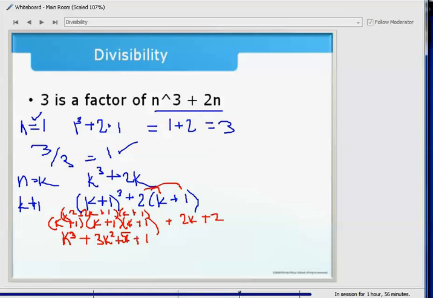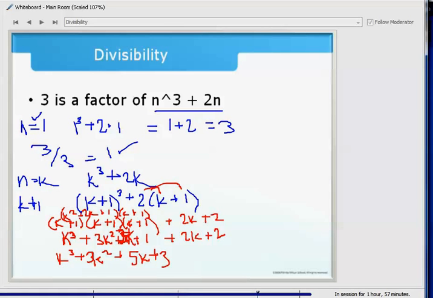If you do that, you get k cubed plus k squared plus 2k squared, which gives us 3k squared, plus 2k plus k, which is 3k, plus 1. And then you have plus 2k plus 2. This is a little messy, but when you combine them together, you have k cubed plus 3k squared plus 5k plus 3.